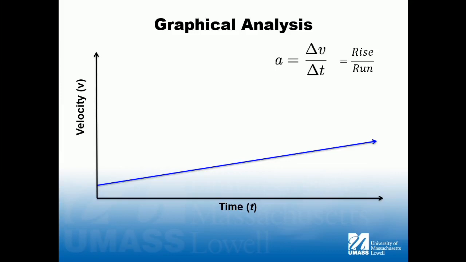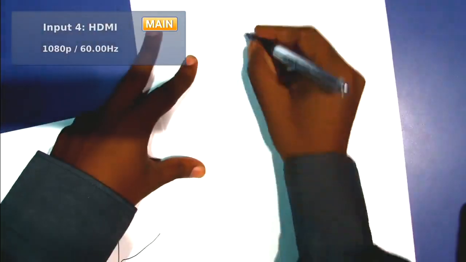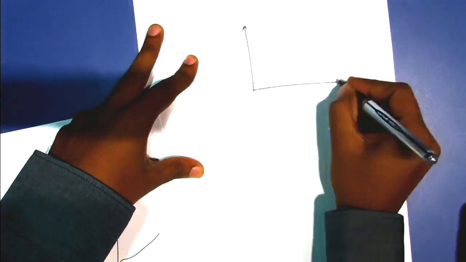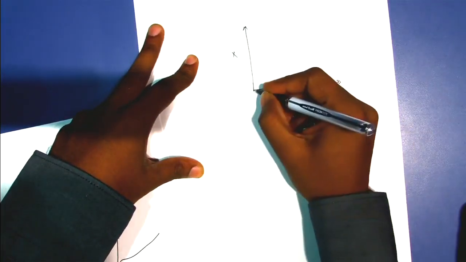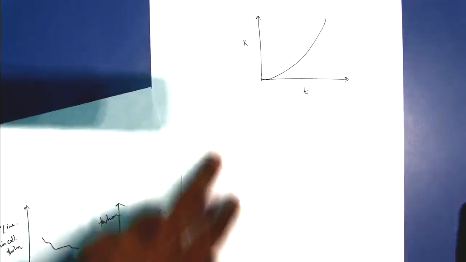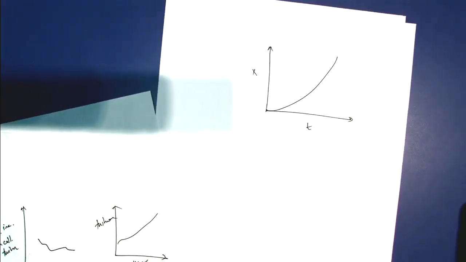However, if I want to talk about the position versus time graph corresponding to this, so now I'm looking to see how the position versus time of an object whose velocity versus time looks like that. Its x versus t graph will look like this. It's parabolic.